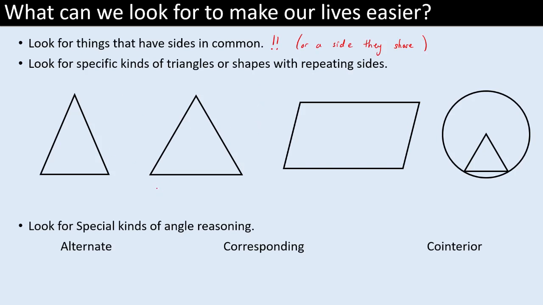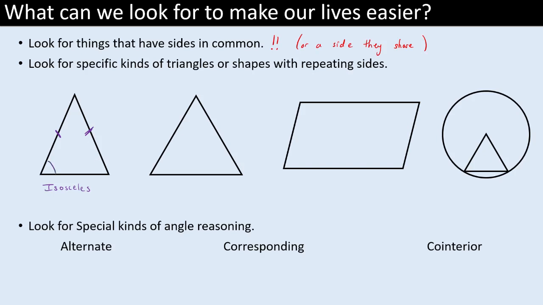Something else that you can do is think about the types of triangles or the types of shapes that you're dealing with, because then you might be able to do some shortcuts. Okay? For example, if I've got an isosceles triangle, and I'm never confident that I've spelt it right, but I think I have, I must know that two sides are going to be equal, because that's what an isosceles triangle is.